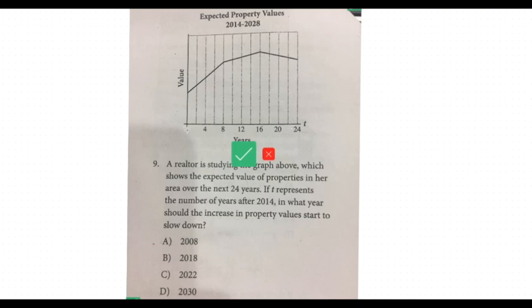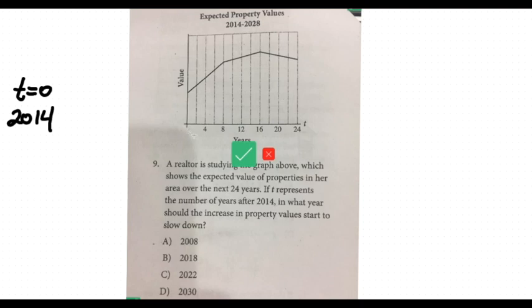So therefore, right here represents 0. So what I would want from you all is that if this represents 0 and T represents the years after 2014, it means at 0 you have 2014. At T is equal to 0, you have year 2014. So right here is where you should have placed 2014 at T is equal to 0.